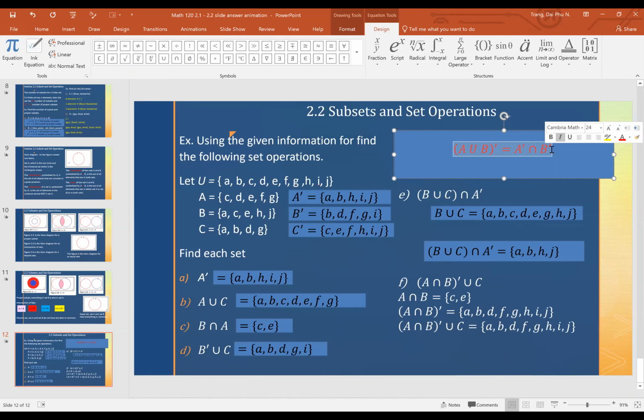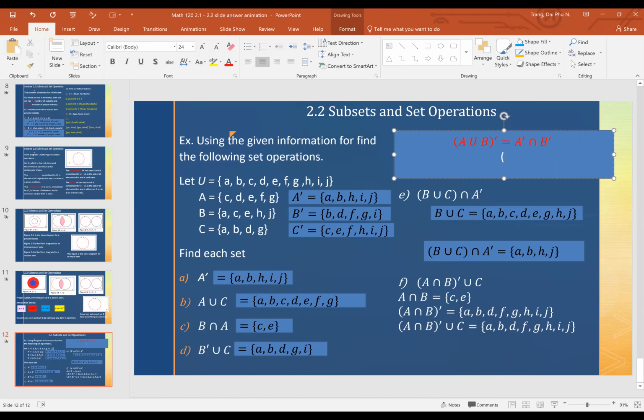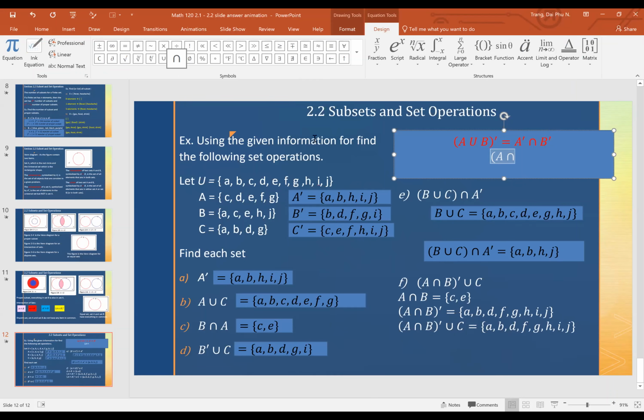Vice versa, if you have A intersection B complement, then it's the same as A complement union B complement.